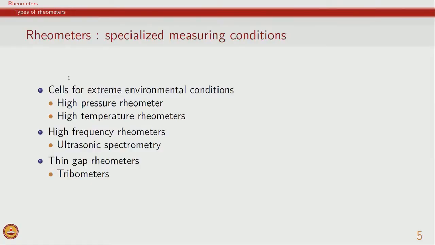And then to finish, there are some specific cells along with rheometers which come for extreme measurement conditions. For example, if we are dealing with oil and gas exploration, we have to deal with very high pressure phenomena. So there are high pressure rheometers where you can apply extremely high pressure and then measure the properties. For example, water viscosity at the sea subsurface is very different from the 1 centipoise we know, because the pressures we are talking about are like 3 kilometers of water column above it.